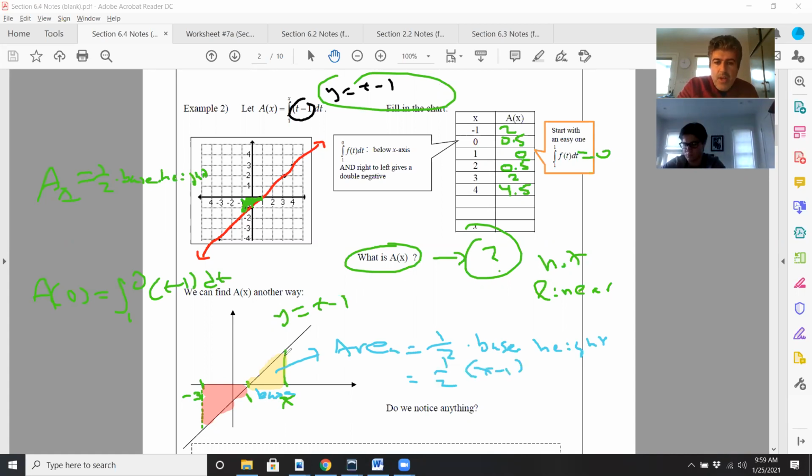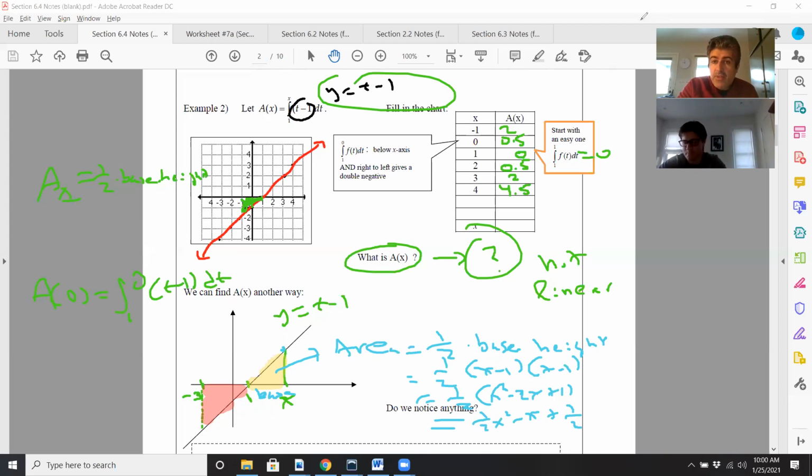Wouldn't your height also be x minus 1? Because if you plug an x into y equals t minus 1, it's also x minus 1. So my area would actually be 1/2 times x squared minus 2x plus 1. If I distribute, I get 1/2 x squared minus x plus 1/2. So that's going to be my area function.